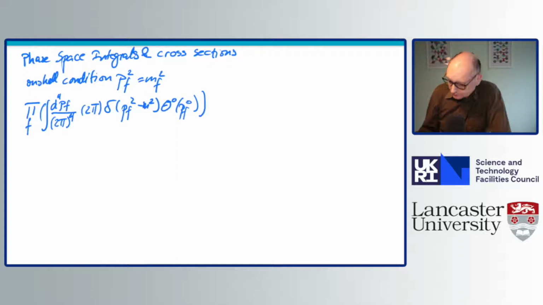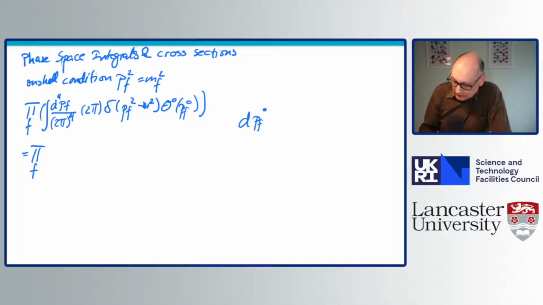So in principle, what we have is a product over f of the four-dimensional integral, and the energy integral here, the integral over dpf0, of course, can be done using this delta function, right? So we have a four-dimensional integral with a scalar condition here. So we know that that should reduce to a three-dimensional integral.